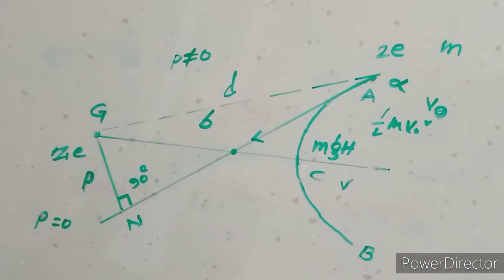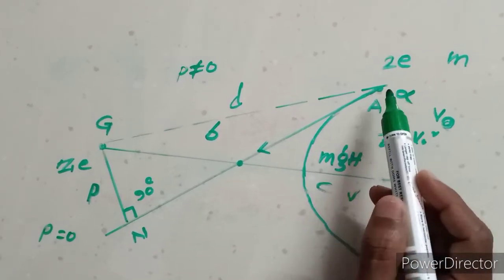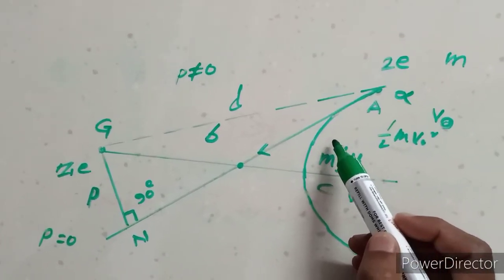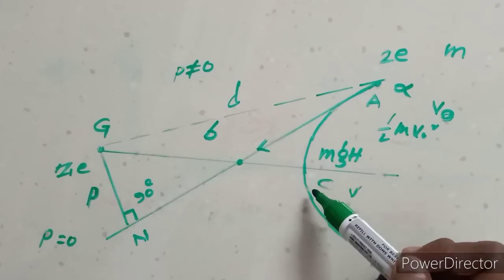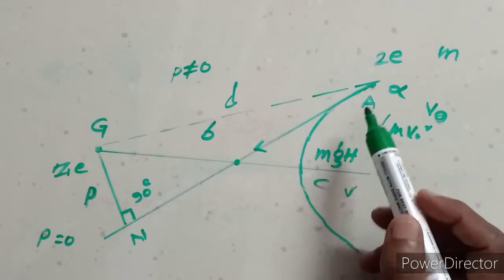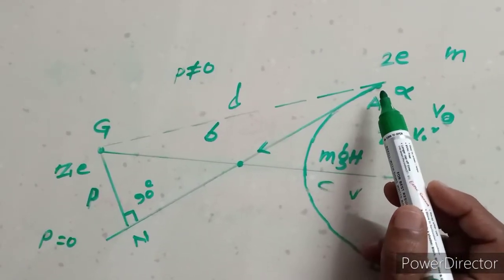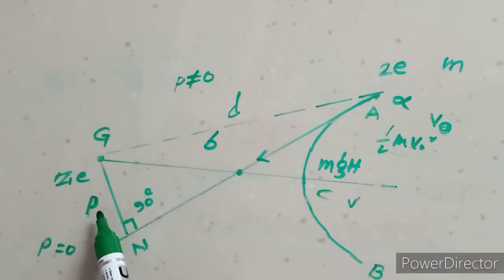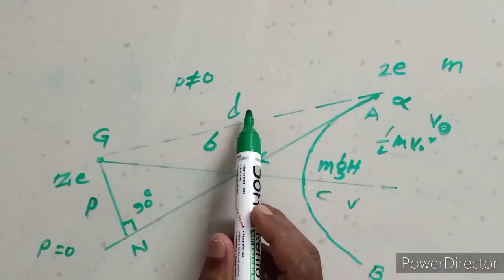To calculate the final velocity of the alpha particle, we use the law of conservation of angular momentum, through the impact parameter and the closest distance of approach.